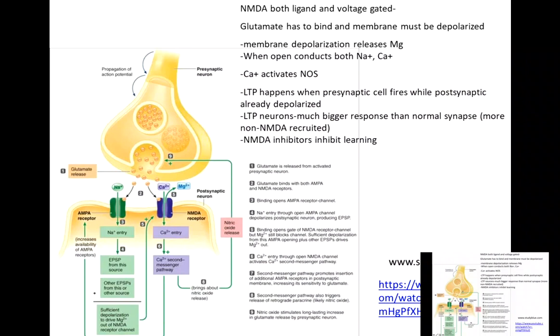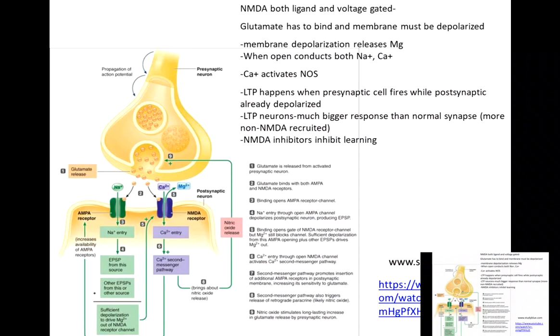In addition to all that stuff, there are AMPA receptors in vesicles that travel through the Golgi apparatus, ready to go, but they haven't fused with the cell membrane. And this process of activating the NMDA receptor causes these AMPA receptors to fuse with the cell membrane.